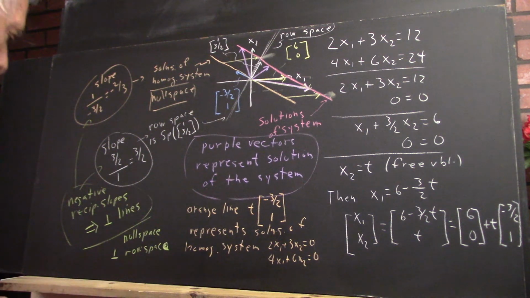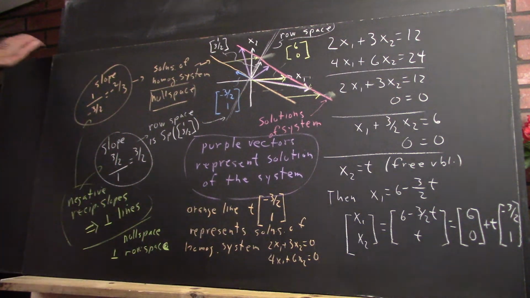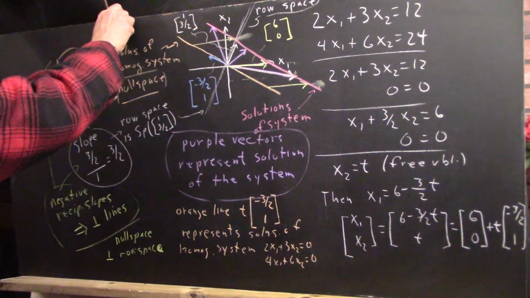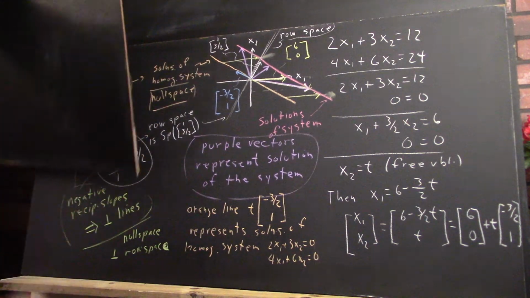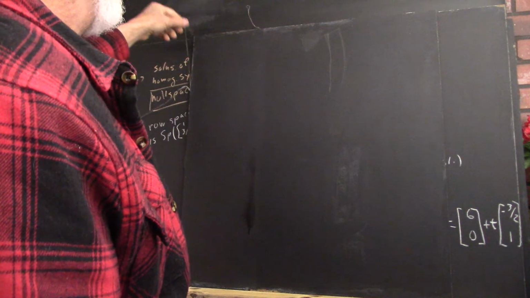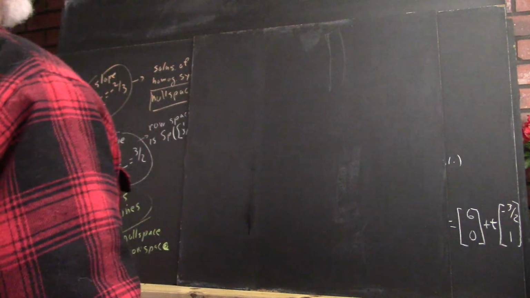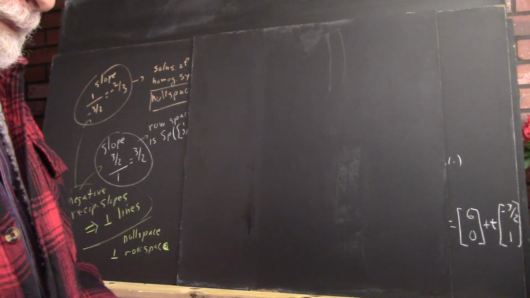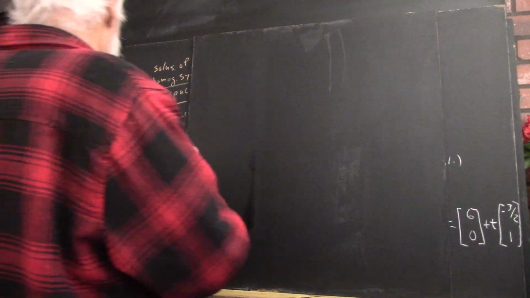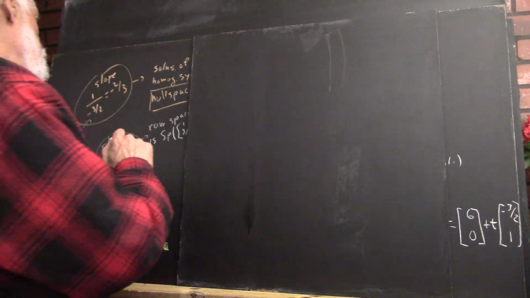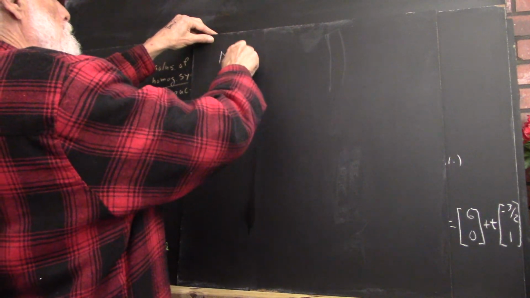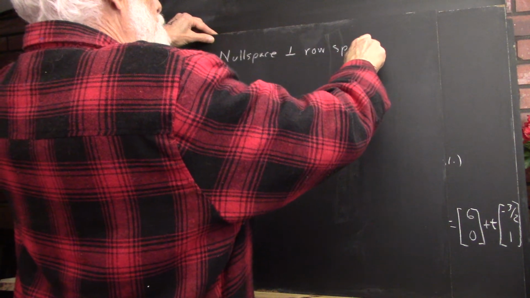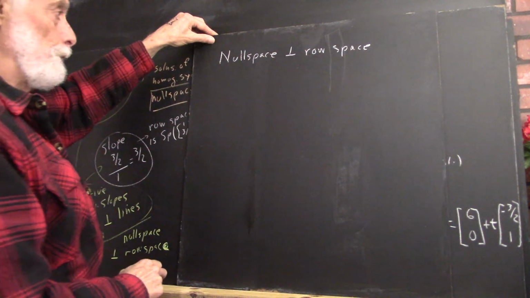So, summary, and one additional comment. Null space is perpendicular to row space.